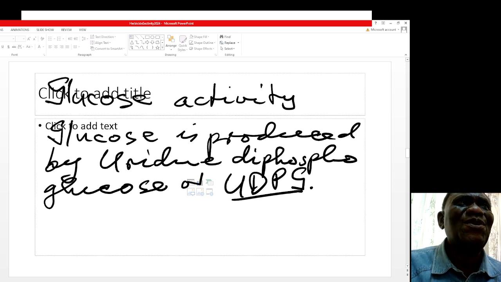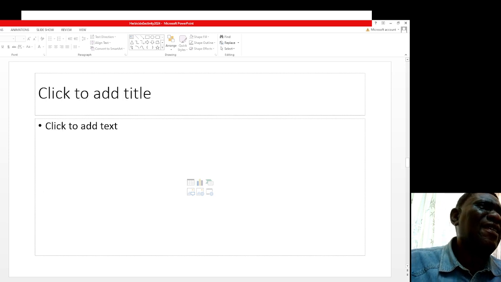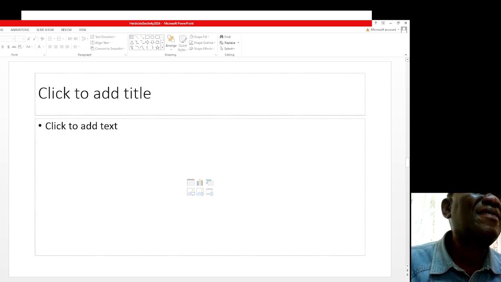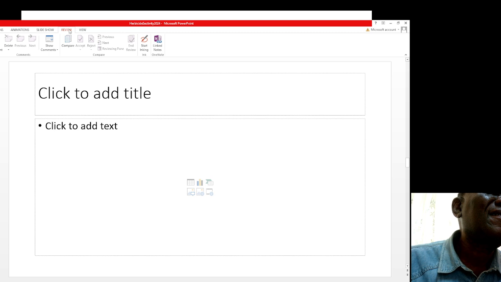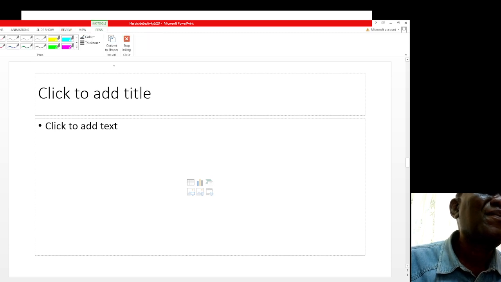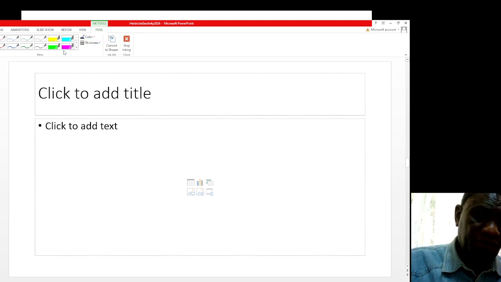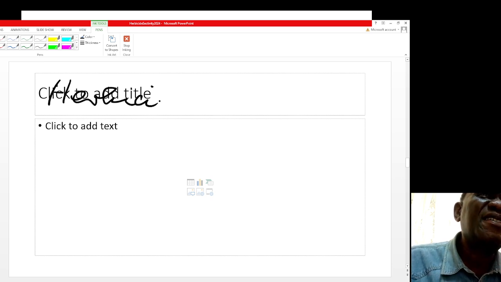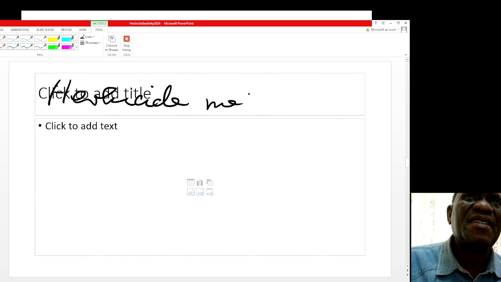The next issue is the herbicide metabolites.